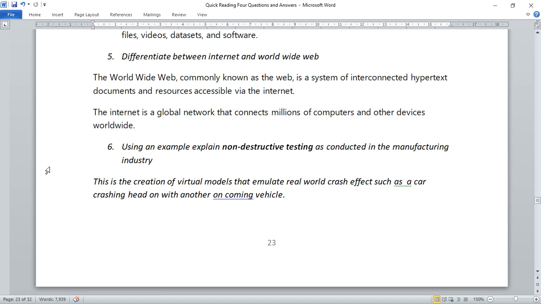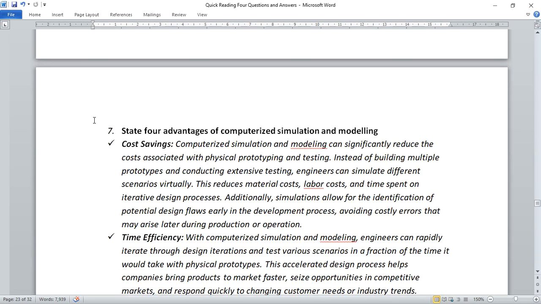What will happen when two vehicles collide head-on? So instead of bringing two vehicles, which will be very expensive and very dangerous, you just simulate that one. What will happen if two cars collide head-on? So that one is called non-destructive testing. You are using models instead of real life.